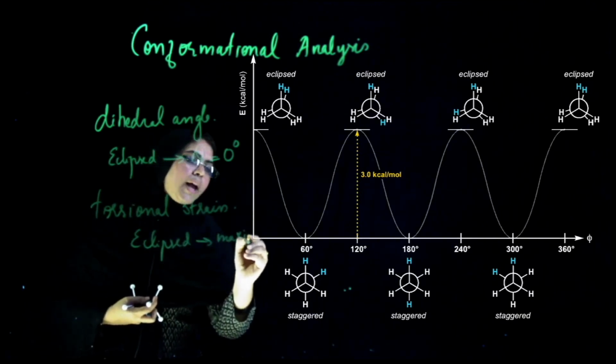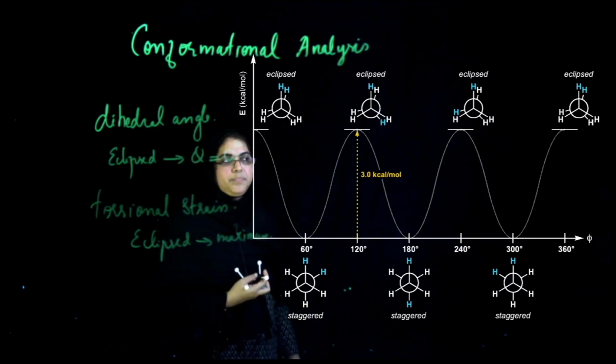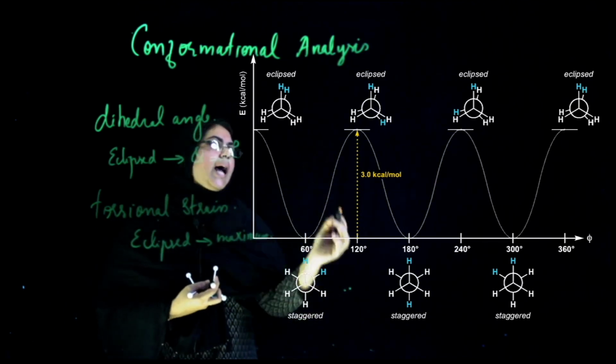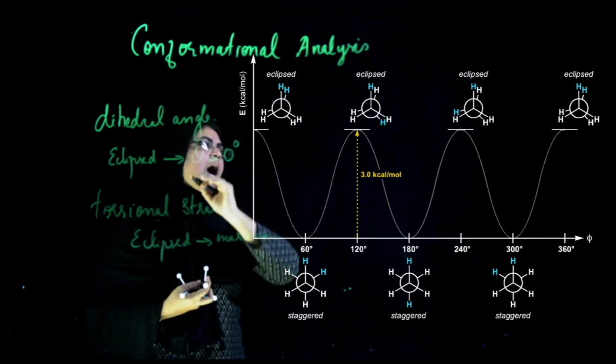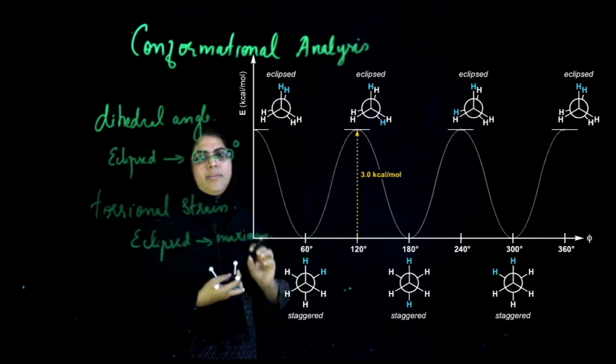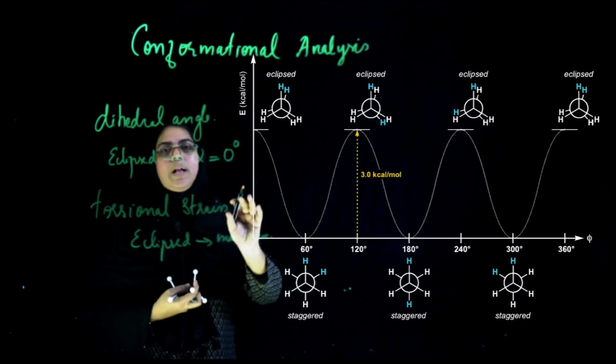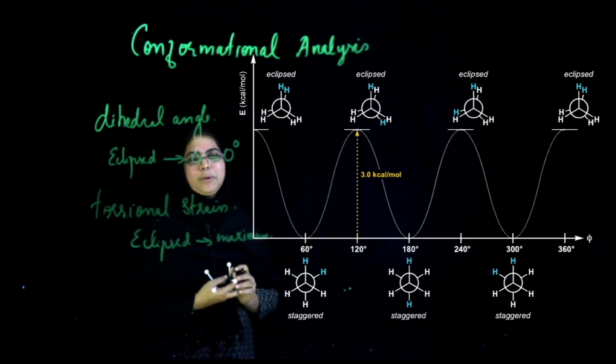So eclipsed will have high energy, about 3 kilocalories per mole. When we convert to joules, it is approximately 12.6 kilojoules per mole.